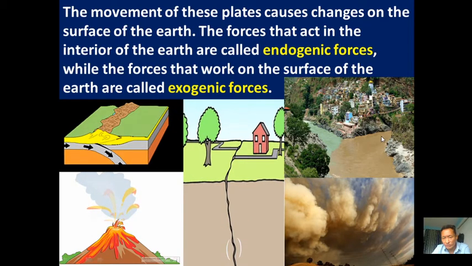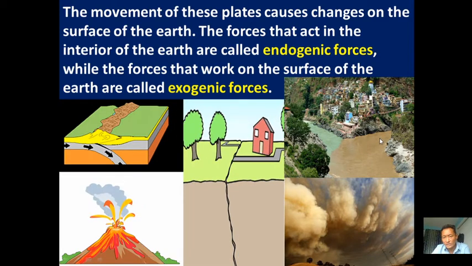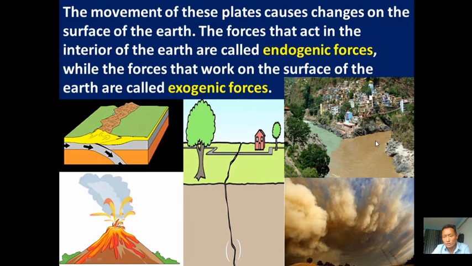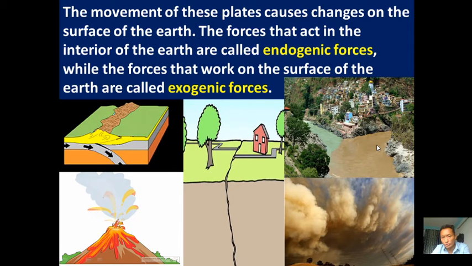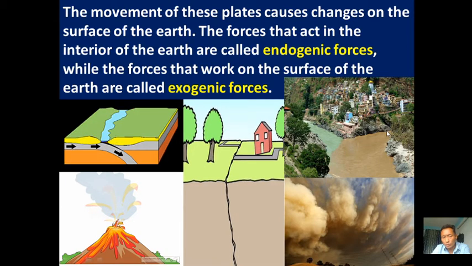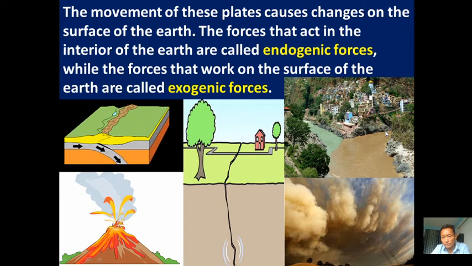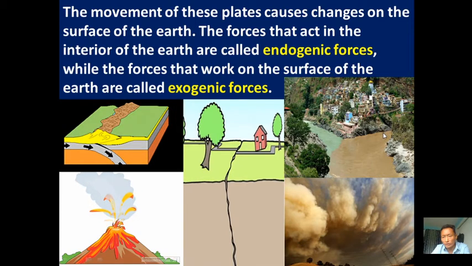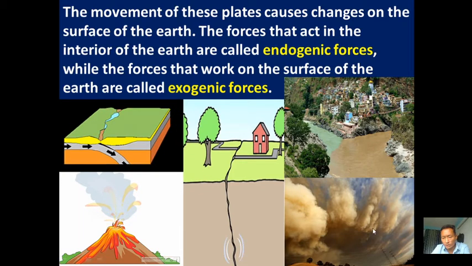That means this river water is carrying lots of sand, silt, and dust from upstream to downstream. That means the work of river is also causing changes on the surface of our Earth because of what? Erosion and depositional processes on the surface of our Earth.